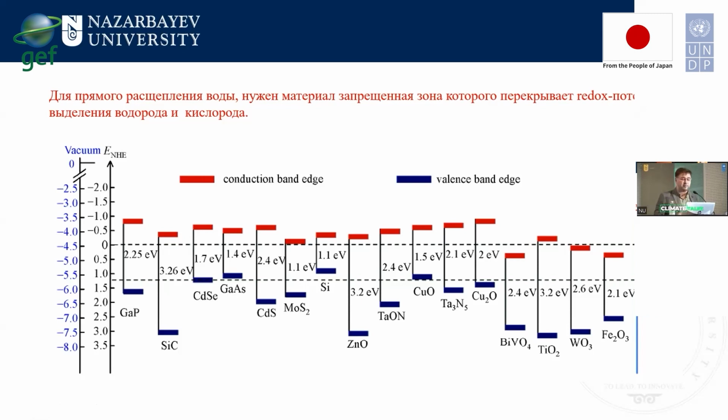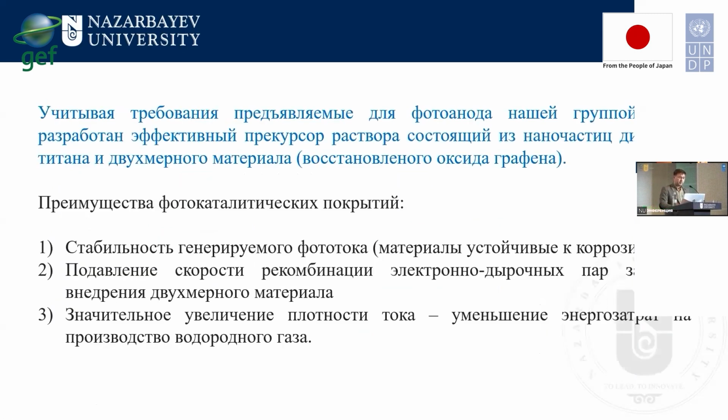There are only a few materials, and if you continue to consider their stability, you will have only one or two materials. One of them is titanium dioxide, and it can absorb only ultraviolet rays. In the solar spectrum, ultraviolet is 3 to 5%. The rest is the light that we see, or infrared.